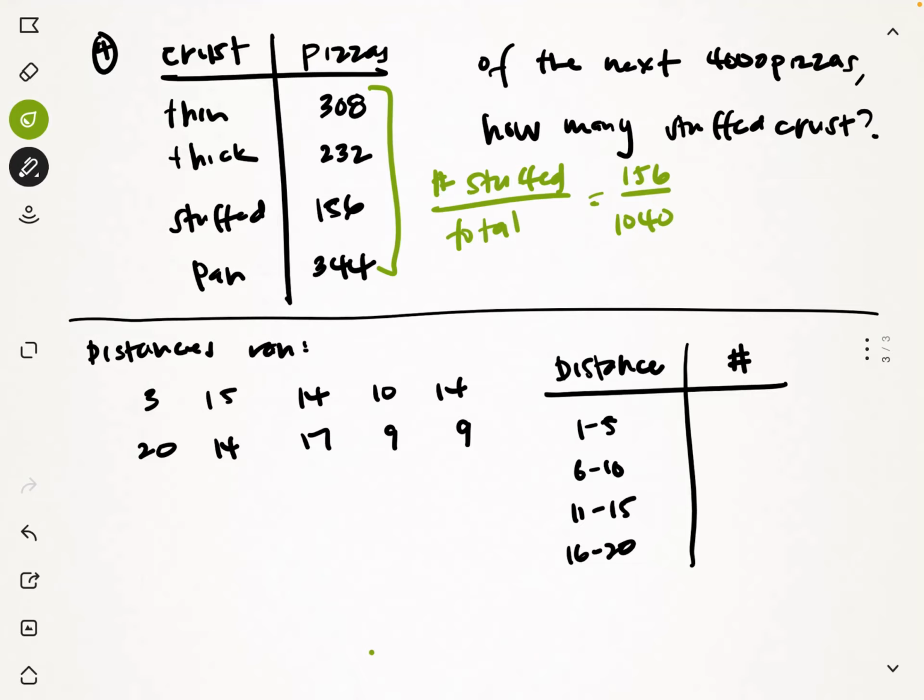And then if we're trying to see how many of those we're going to sell in the next 4,000 pizzas, we multiply that ratio by 4,000. So times 4,000 is 600.